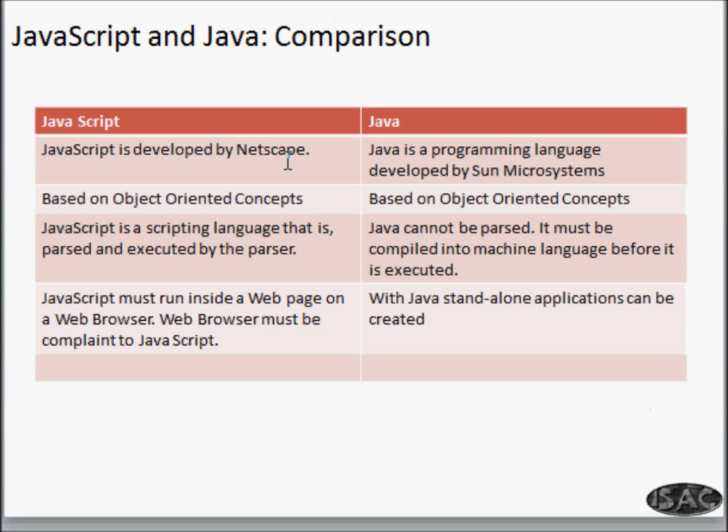Now let us understand the difference between Java and JavaScript. As I said, JavaScript is developed by Netscape, while Java is from Sun Microsystems and now from Oracle. Java is based on the object-oriented concept. JavaScript is actually object-based, but Java is object-oriented.